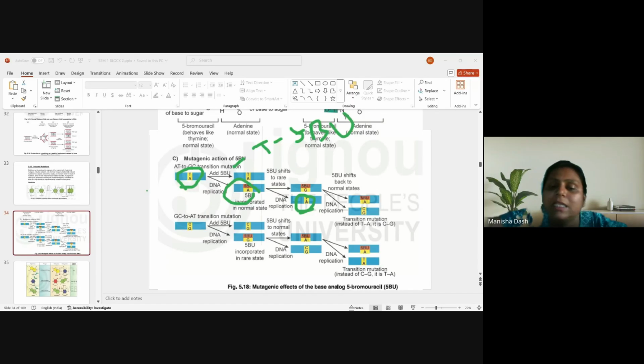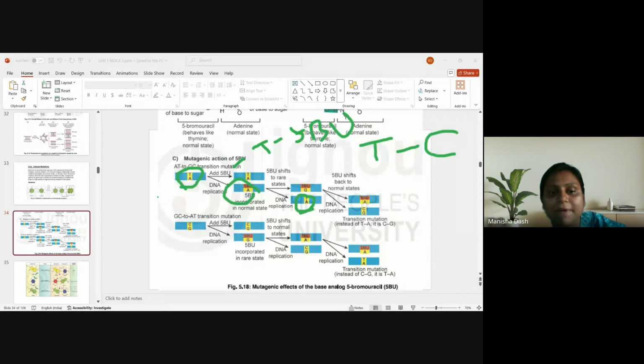But now the strand which is having the 5-bromouracil. Like the normal purine and pyrimidine bases, the 5-bromouracil may change its form. In the normal form it looks like a thymine, in the rare form it will behave like a cytosine, the other pyrimidine.